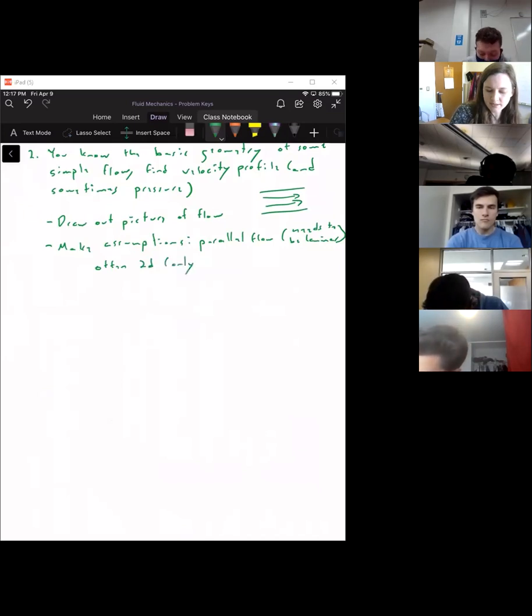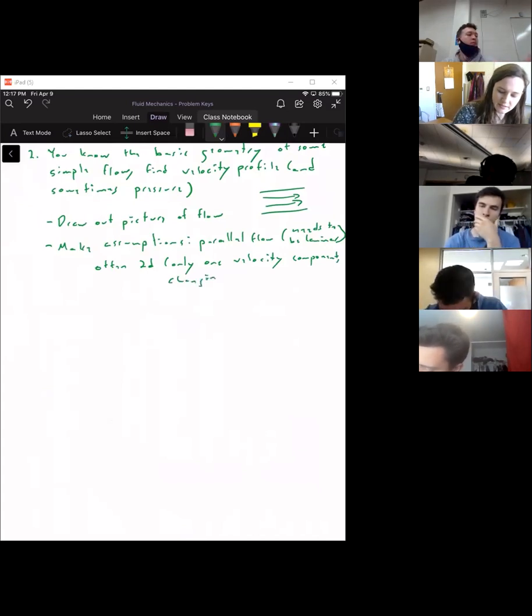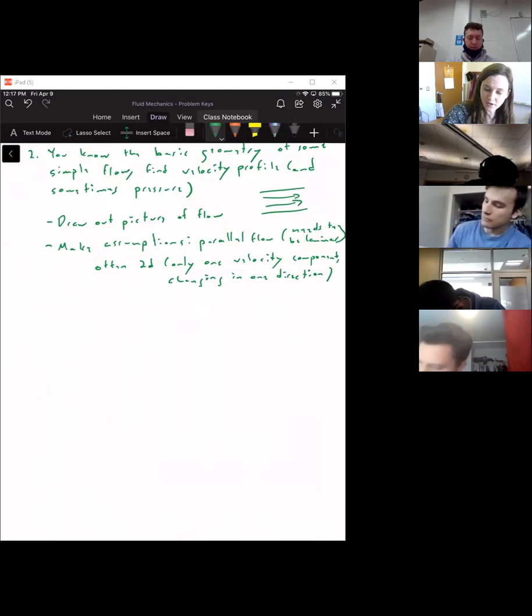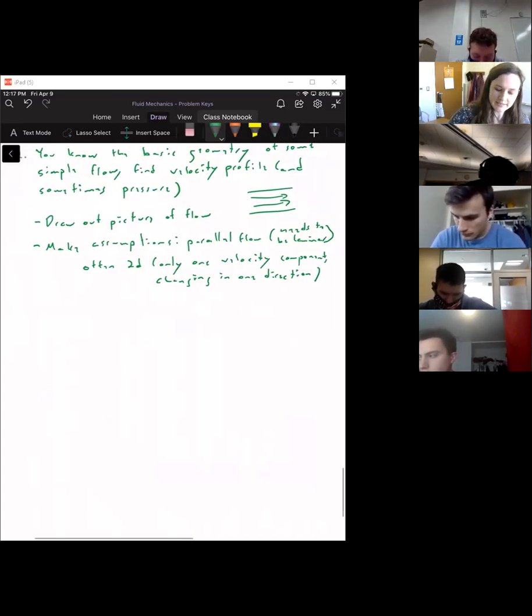Only one velocity component changing in one direction. So you just kind of have to look at it and think about, if this is parallel flow, does that make sense? And what component of the velocity is there and what direction is it changing in? Okay.